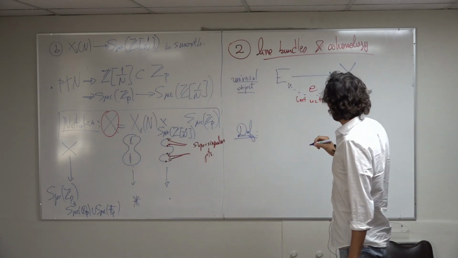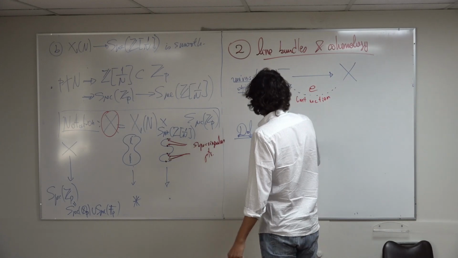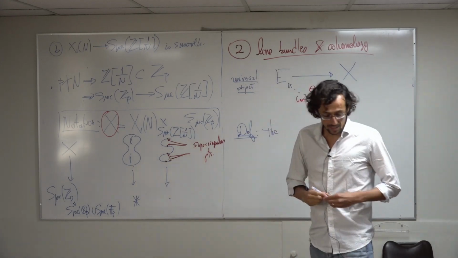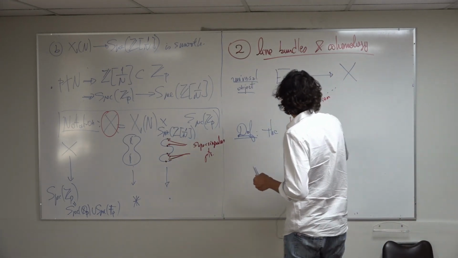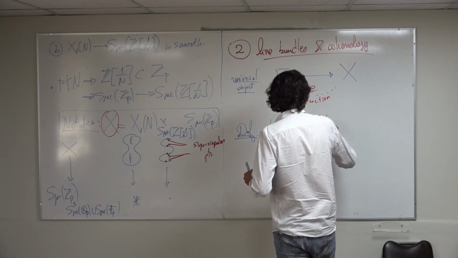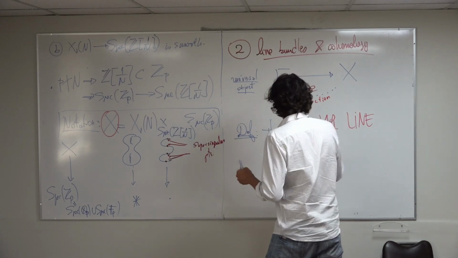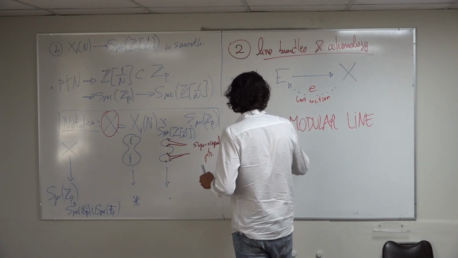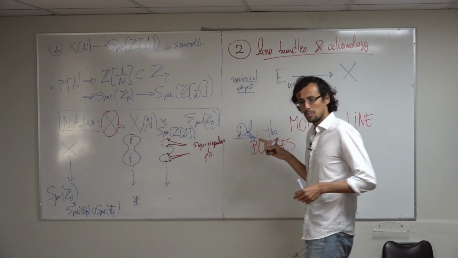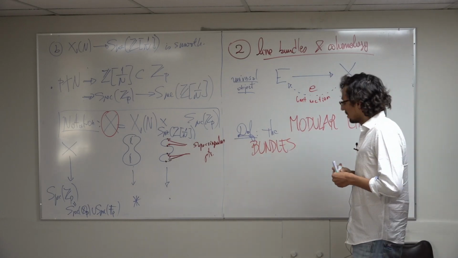So the modular line bundles we care about are the following. Oh yeah, I think Javier spoke a little bit about that.